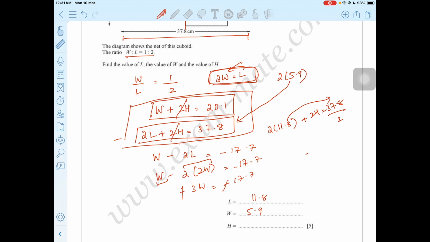So this would be 37.8 minus 2 into 11.8, then divided by 2, right? So let's quickly calculate this. Okay, so we get our answer as 7.1 as our height.